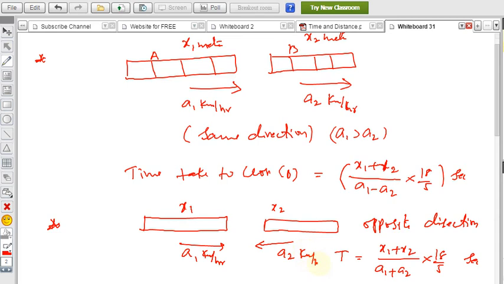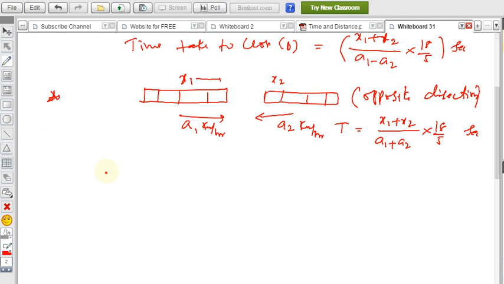Opposite direction and same direction, these are the both cases we'll use in train problems, where x1 and x2 are the lengths of the trains. These two are the important points.